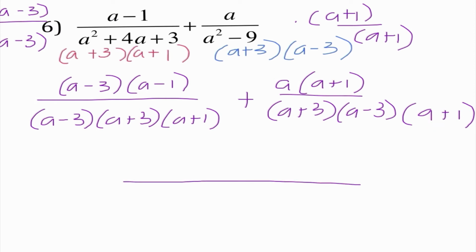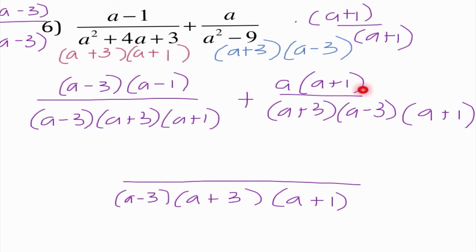So now I can write this as (a minus 3) times (a plus 3) times (a plus 1) in our denominator. I'm going to do 2 things at once here. I know my numerator is going to be this plus this, but I need to FOIL this out and I need to distribute there.